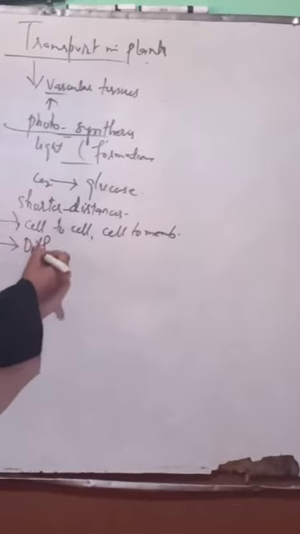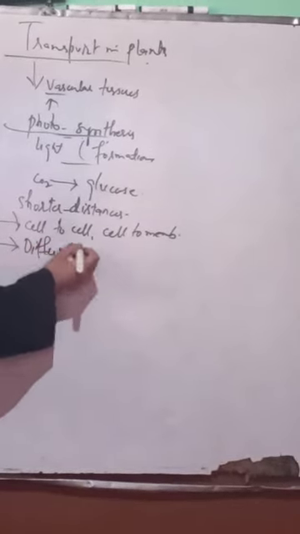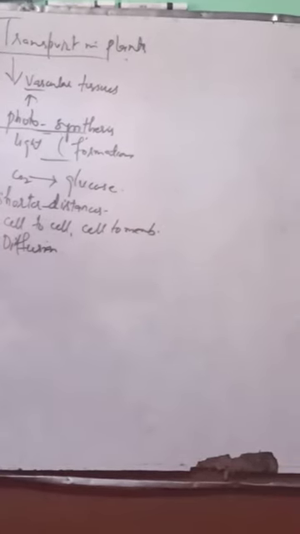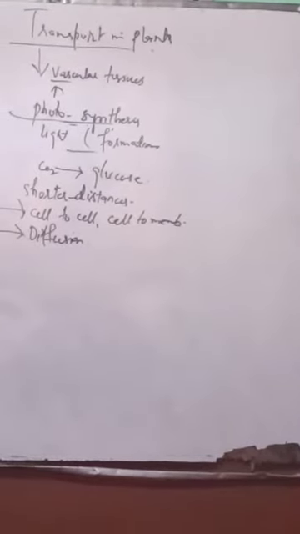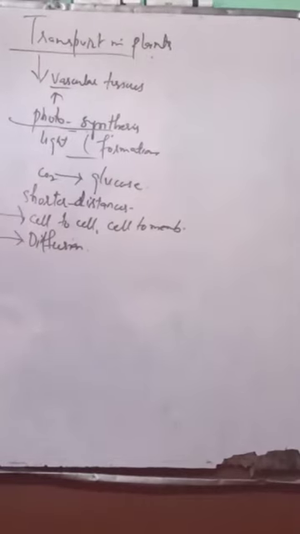It is the shorter distance, diffusion. But when we transport some substance through longer distances, then we need vascular tissues.